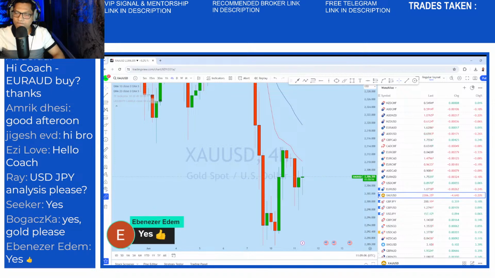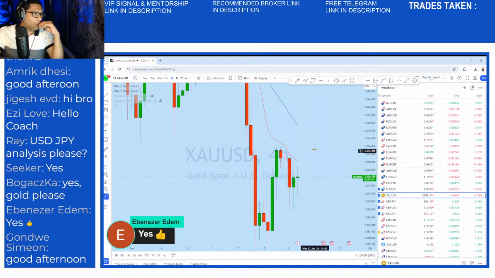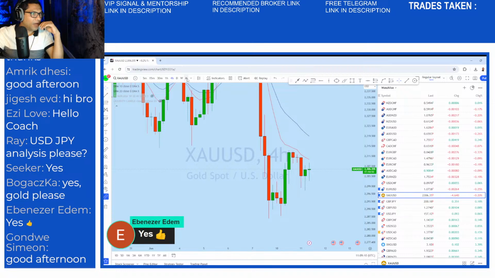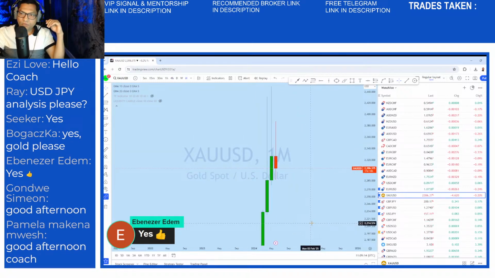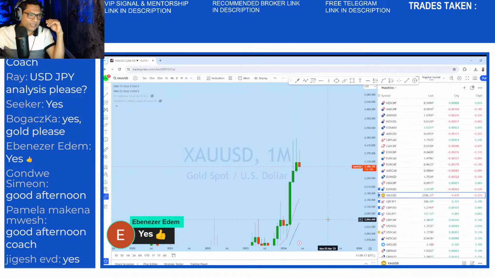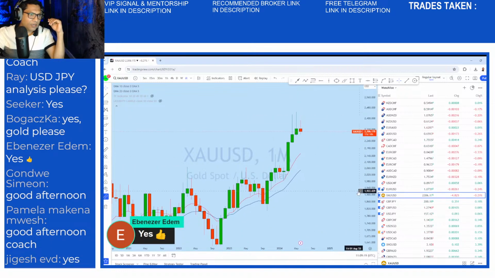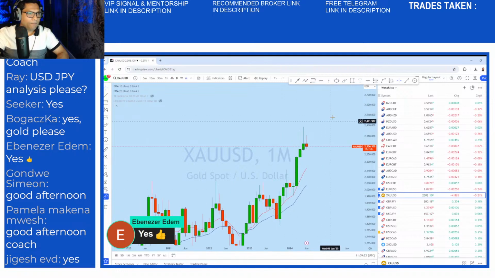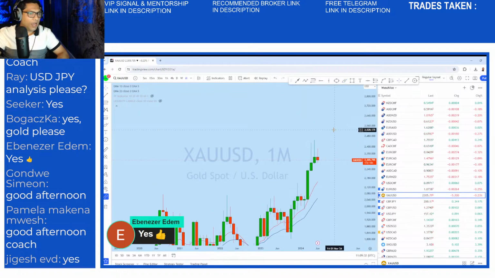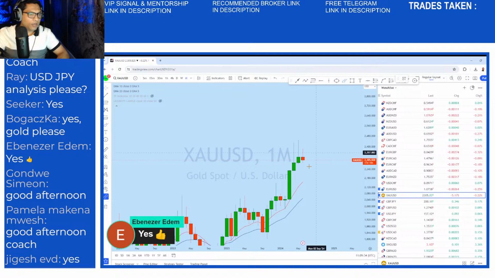Okay, gold. Let's begin with the gold analysis. First of all, looking at the monthly chart, I will be doing the full multi-time frame analysis, as multi-time frame analysis is key to understand the market. What we can see here is an impulse on the monthly on gold, a clean impulse.